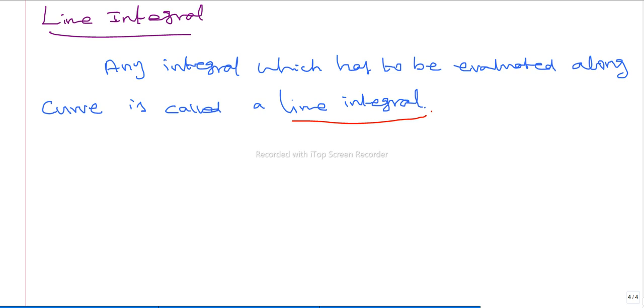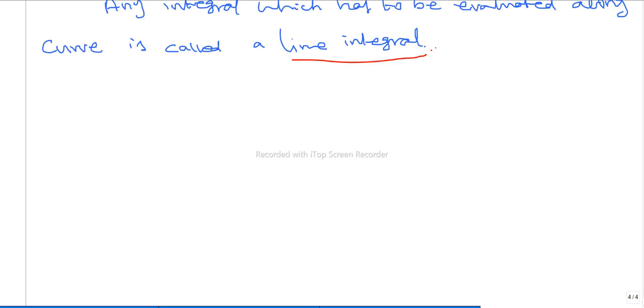So how to solve this one? How to find the integral for this one? Maybe I can directly write it.